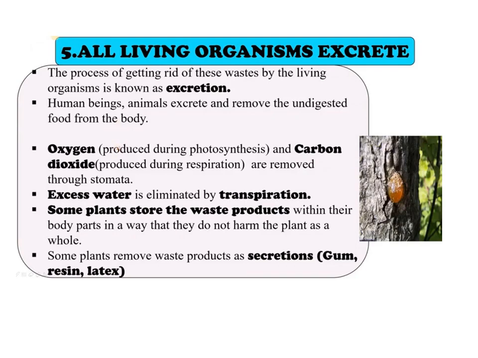Here on the right side you can see a picture of secretions such as gum, resin, latex in many plants. And from this excretory product, rubber is also made. Rubber you use for erasing pencil work. So this is also an excretory product of plants.